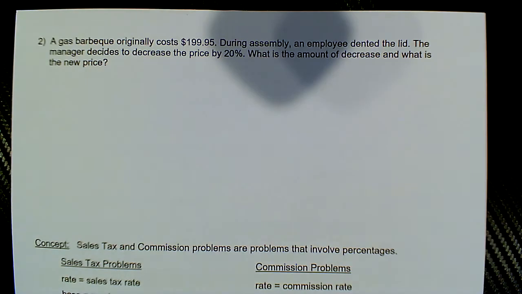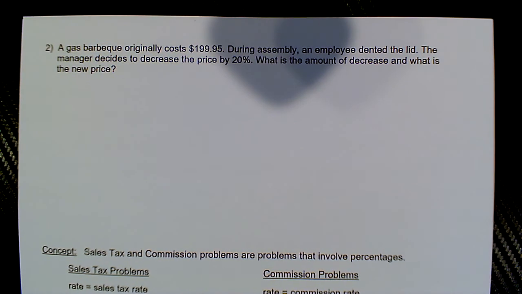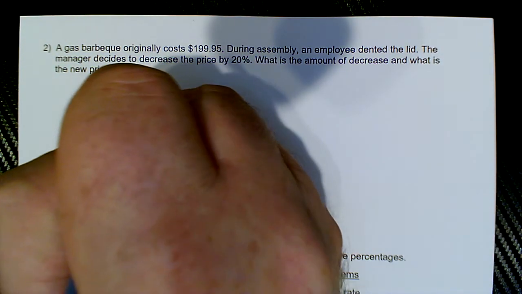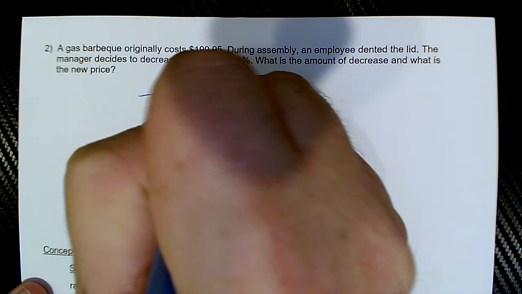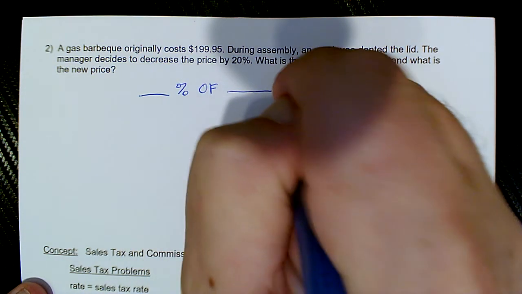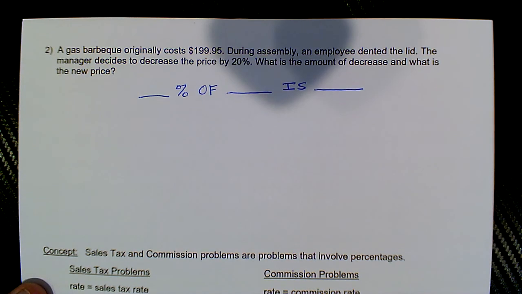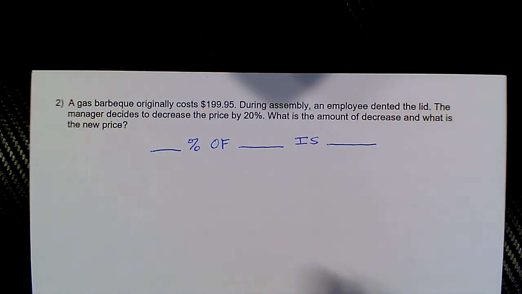So here we have a situation where somebody goes out and buys a gas barbecue, and the lid was dented when the employee assembled it. So the manager decreases the price by 20%. We want to know again the amount of decrease and the new price. So recognizing this as a percent problem, we start the standard way. Blank percent of blank is blank. And we can fill in the percentage first, that's 20%.